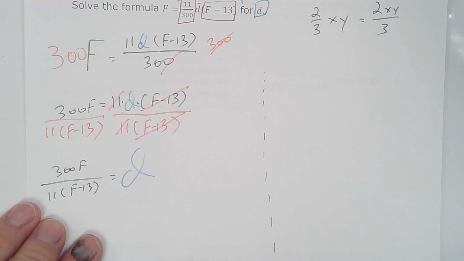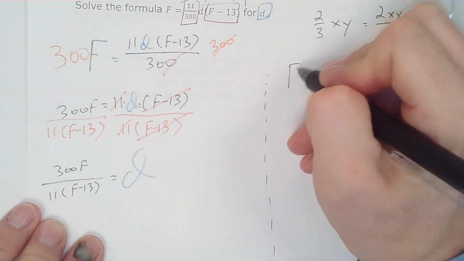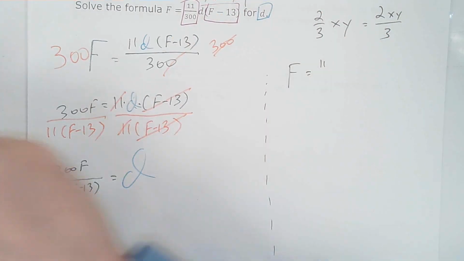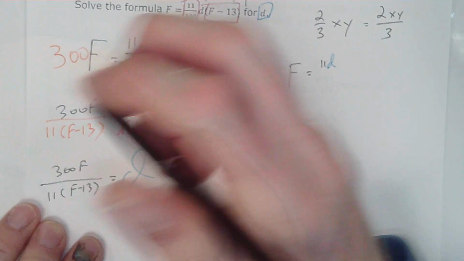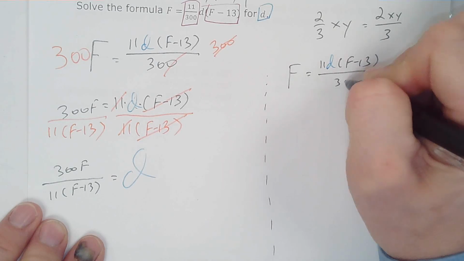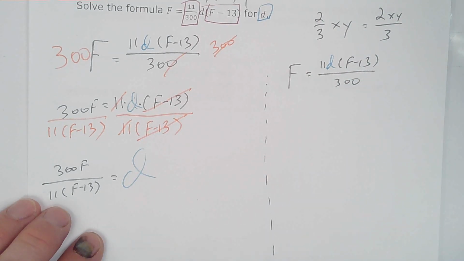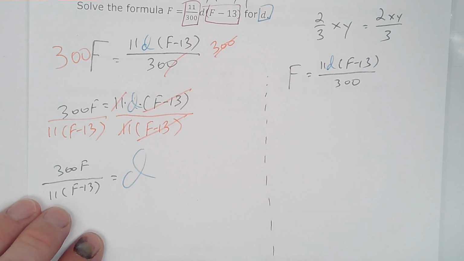Okay? Another way to do it, if you remember your rules of exponents, right? You have F equals 11D times the quantity of F minus 13 divided by 300. First thing is let me just divide the D out right away. If I divide the D out, it's going to put it on the other side.